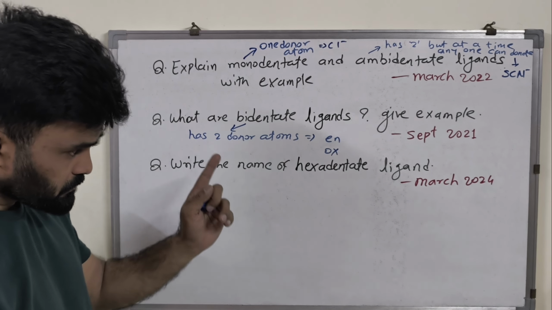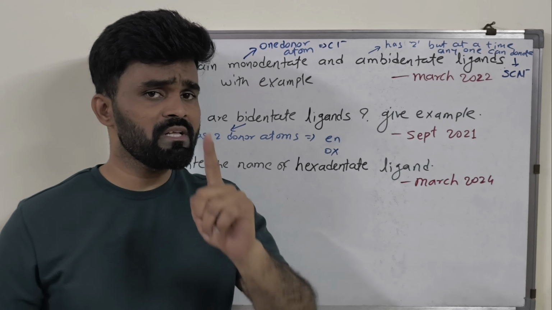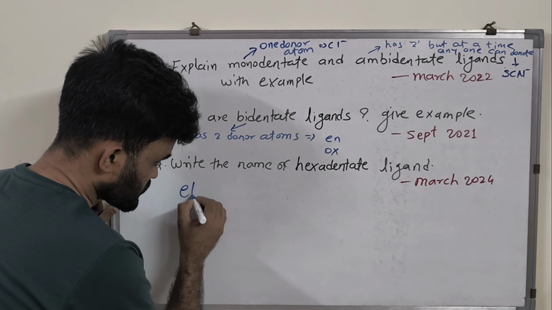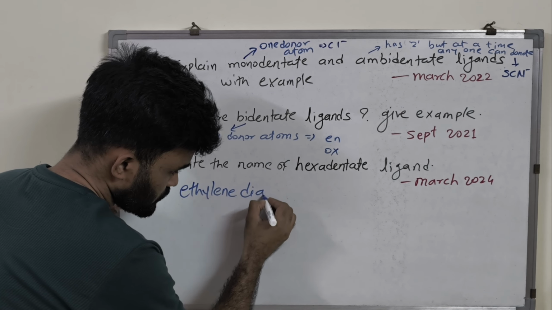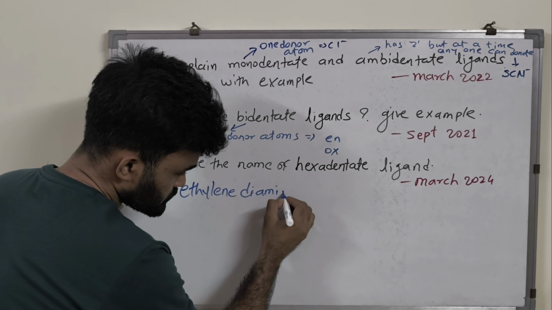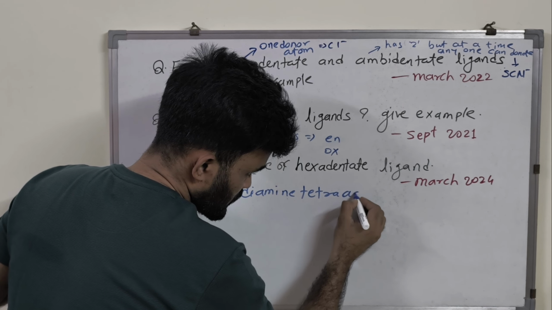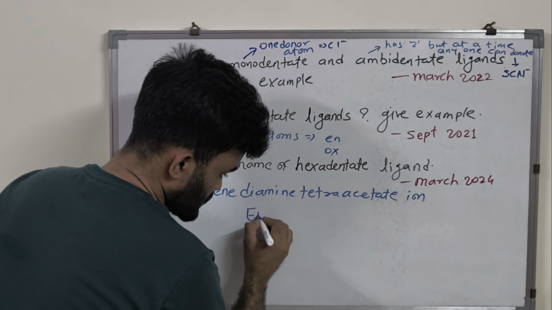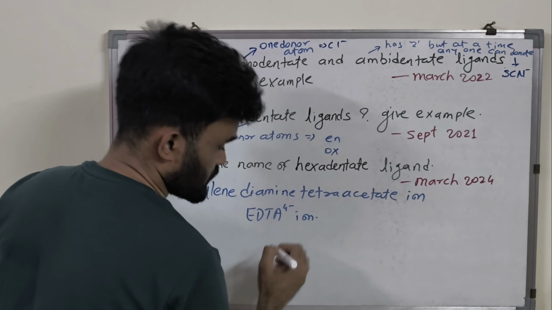Write the name of hexadentate ligand. We have only seen one hexadentate ligand, and that is ethylene diamine tetraacetate ion, that is EDTA 4 minus ion.